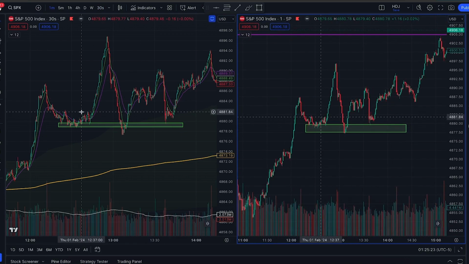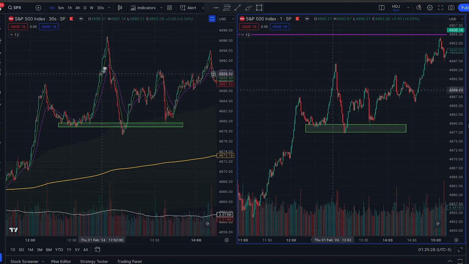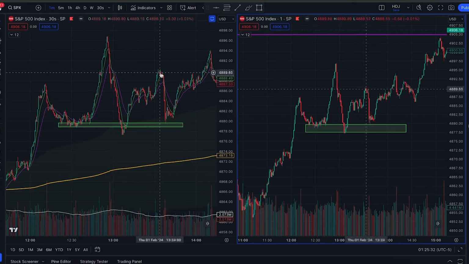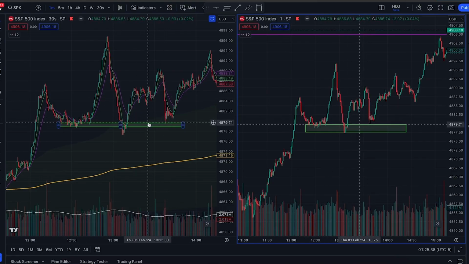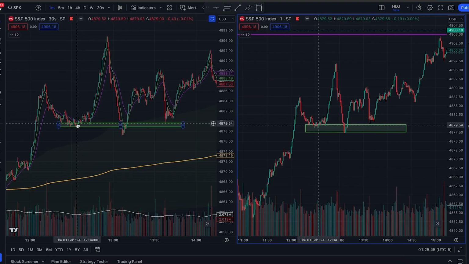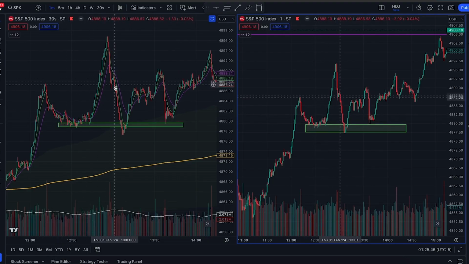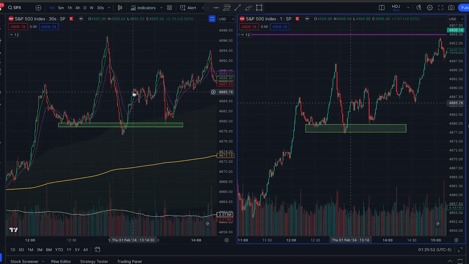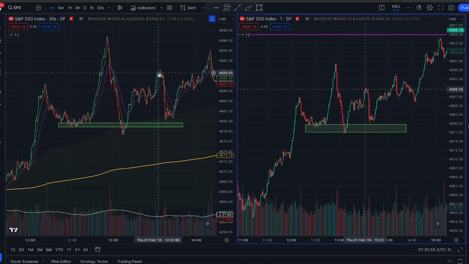As you see, 30-second over here, 1 minute over here. We had some consolidation, a push up, came back down, pushed back up, went up more, and then came back down. At this point here, this could be viewed as an area of demand or an area of support. The first time price action was here, it pushed back up, came down, broke down below just a little bit, but pushed back up, went sideways a little bit, went up, came back down into this zone.